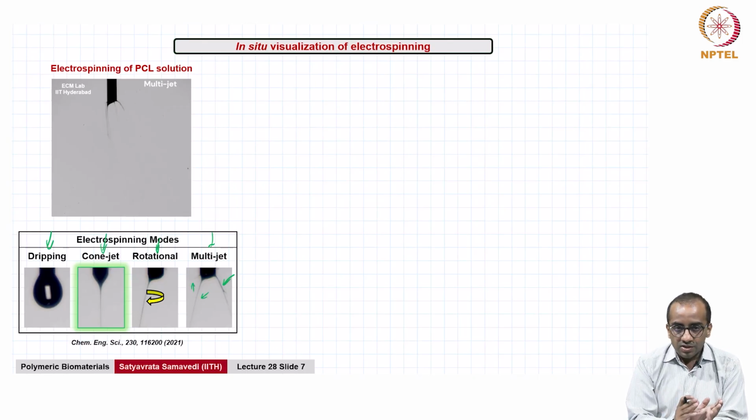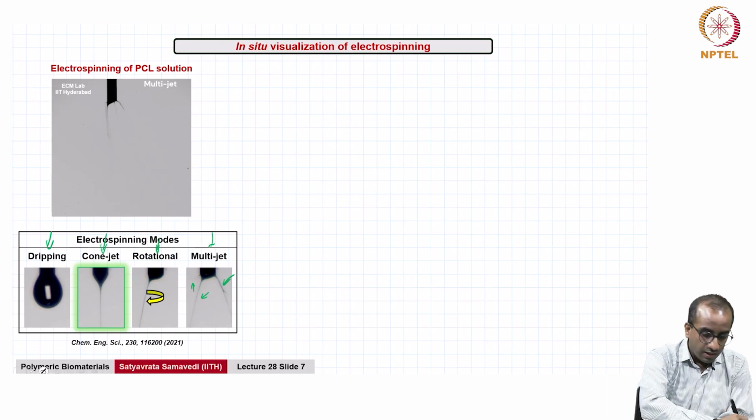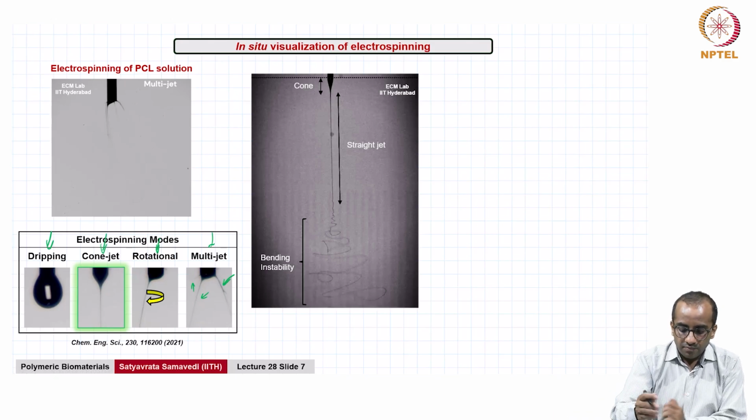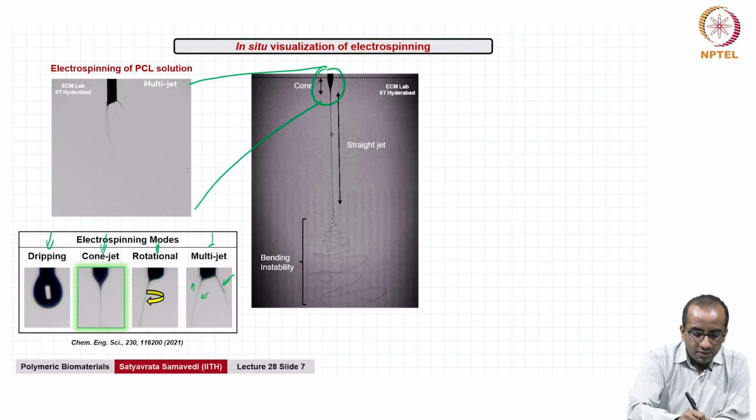Now this is a close-up view of the cone and the jet itself, where you get access to the different kinds of modes. Now you can also look at this zoomed out, and you can look at the entire cone jet and the instabilities that follow. So here what you see is a zoomed out video, where this part here is what we saw here, right.